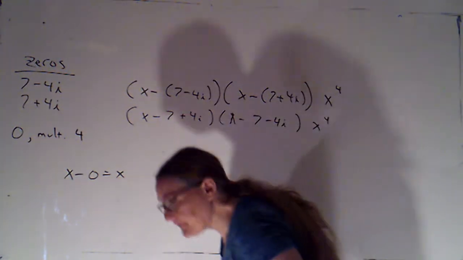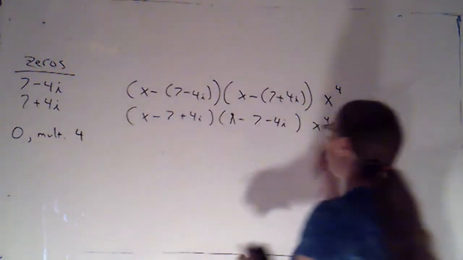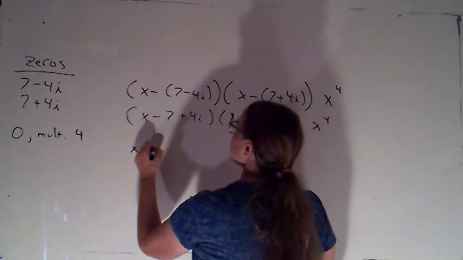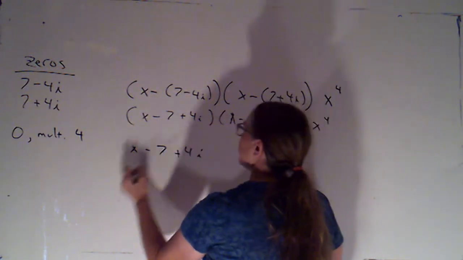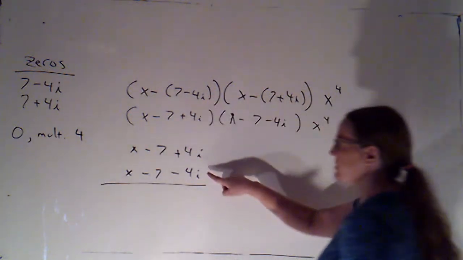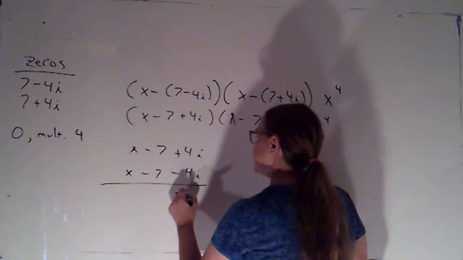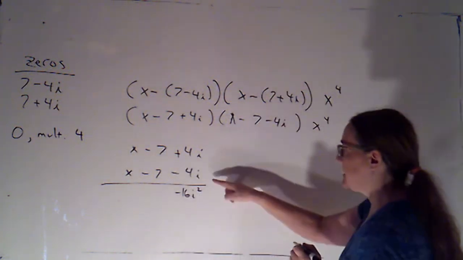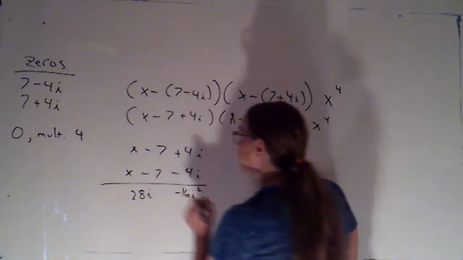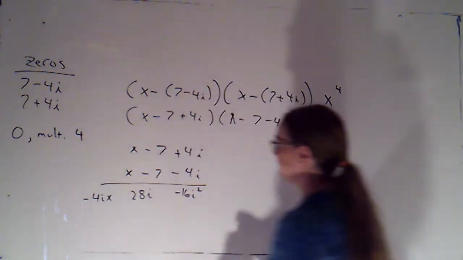I'm going to multiply out those first 2 factors using long multiplication, and then we'll just multiply through by x to the fourth. So if I do x minus 7 plus 4i times x minus 7 minus 4i, let's distribute that minus 4i. So that's going to give me negative 16i squared, positive 28i, negative 4ix.